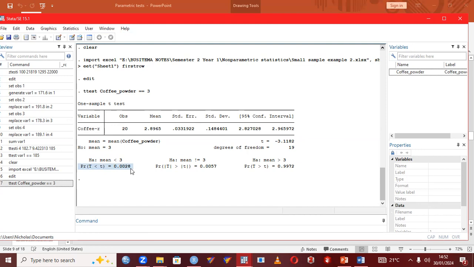This p-value is less than 0.05, which means we shall be able to reject the null hypothesis since the p-value is less than 0.05. Is that understood?